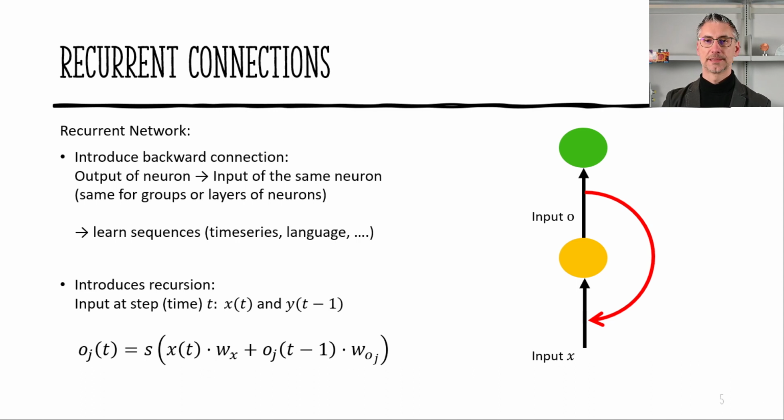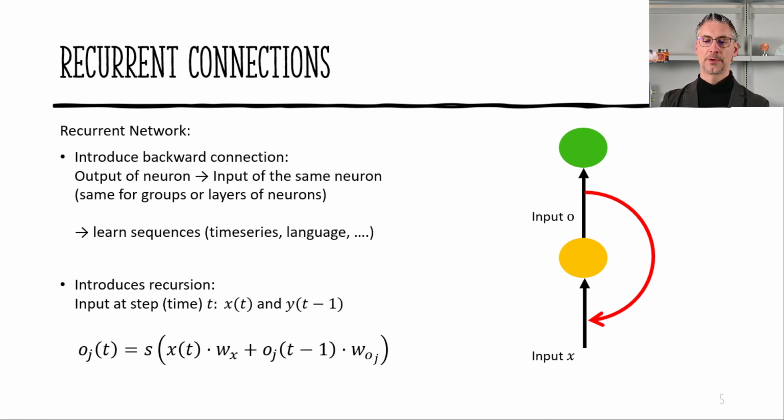So this introduces effectively a recursion. The input at step or at time t is now not only the feature variables x at the time of t, but also the output at the previous step, y t minus 1. So this means we need to modify our output formula for the neuron. We still have the transfer function, and now we need to expand this, what we had before.